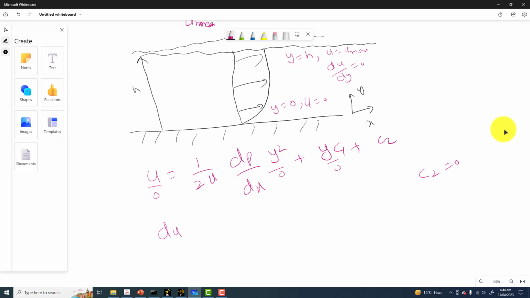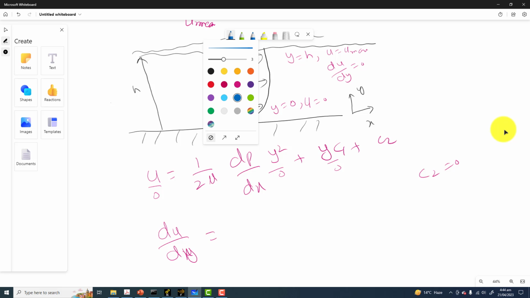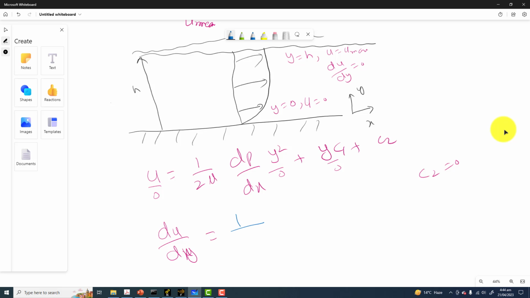Now as far as du by dy is concerned, this is equal to 1 upon mu, because the 2 will be cancelled out from the y square. This is 2y, so the 2 will be cancelled.